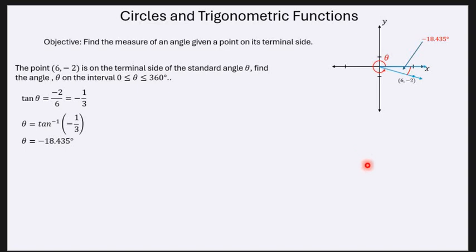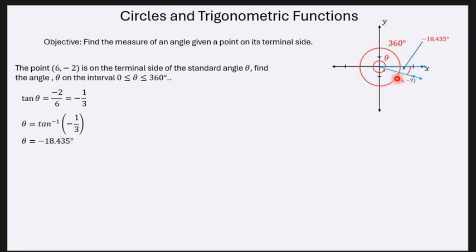The difference between this one and the previous two examples is this is the actual angle we're looking for. We just want it to be positive, so we need a coterminal angle. So basically all I have to do here is add one full revolution, or 360 degrees. So I start at the terminal side here of the negative angle. I add 360 degrees.